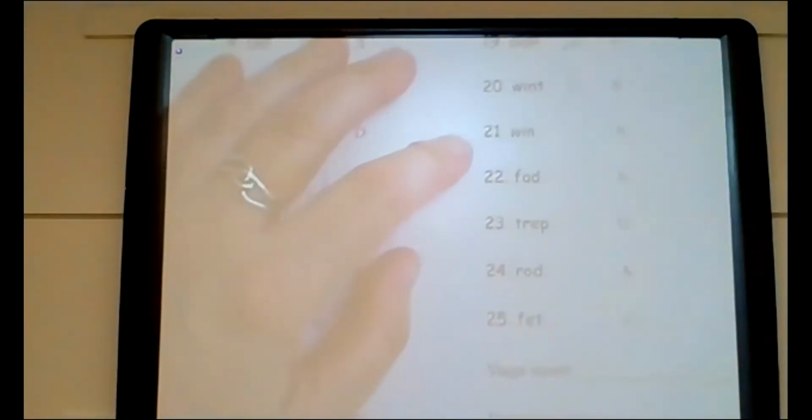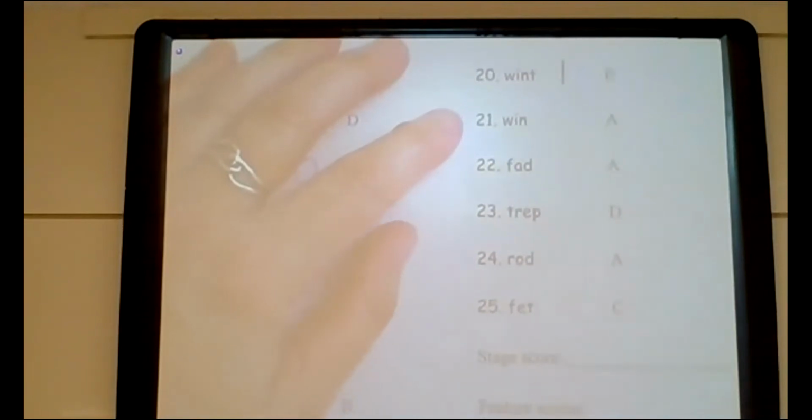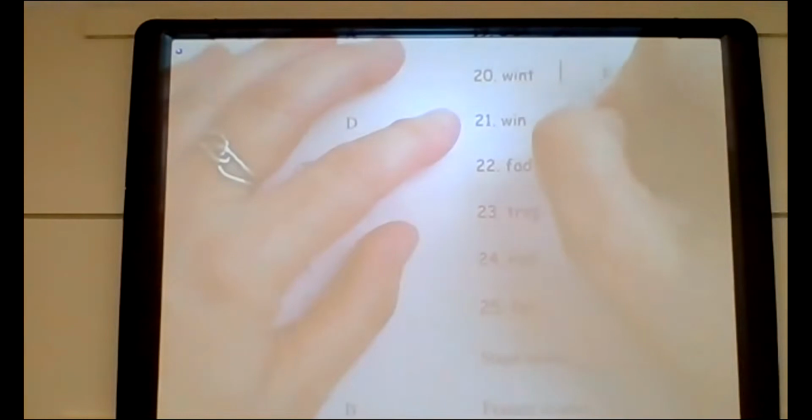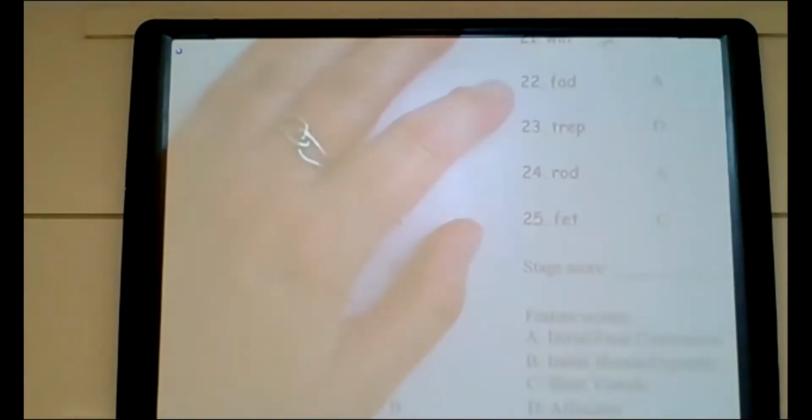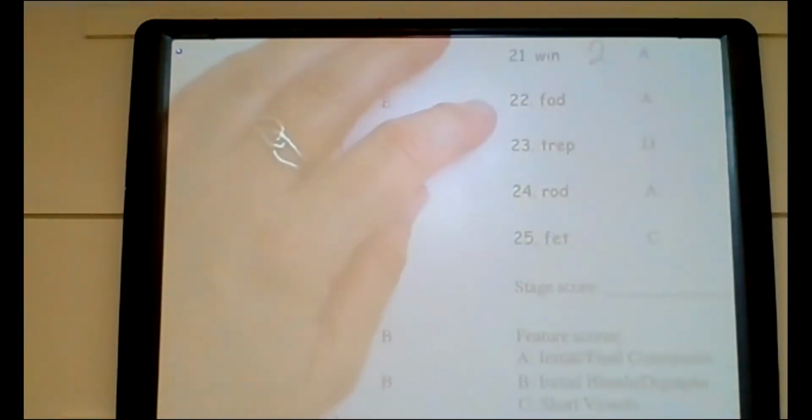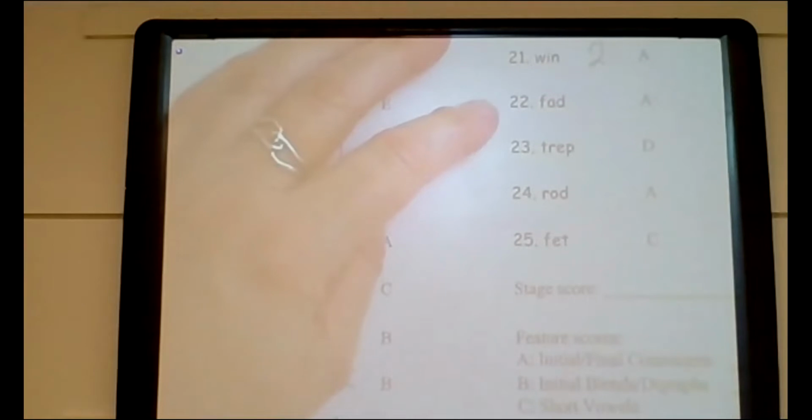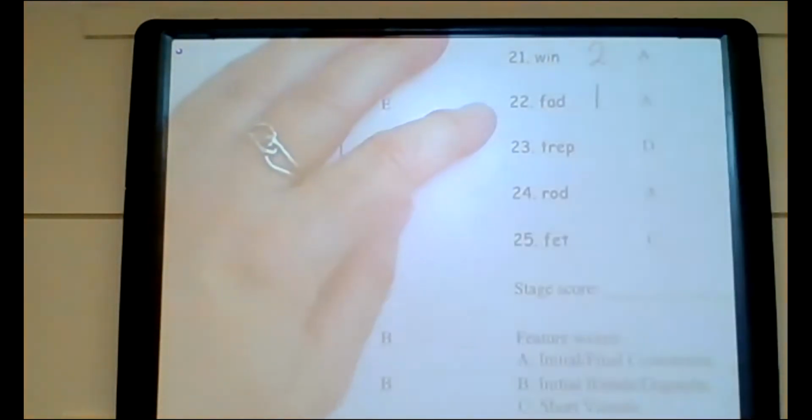For 21, the word is win, the underlying feature is the N, which he has, and he has the word correct, so he gets a 2. 22 is fed. He has the underlying feature, which is the initial consonant F, but he does not have the vowel, so he has a 1.